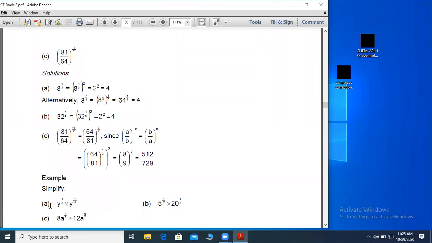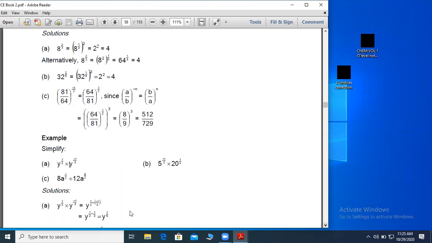The base is the same, it is y. So since we are multiplying indices that have the same base, we write one base which is y, and then we add the powers. So we shall have y to power a half plus negative a third.